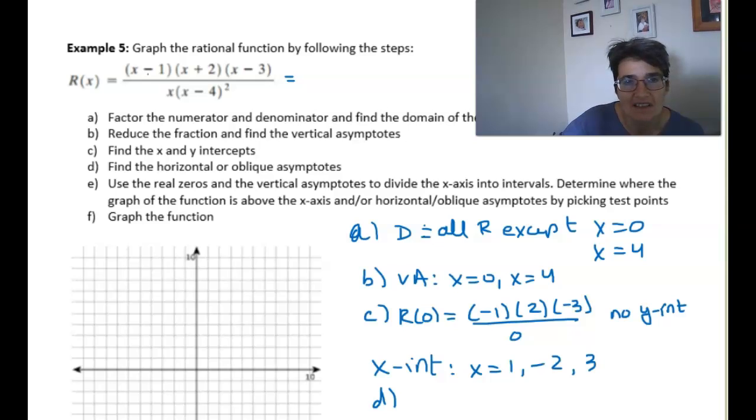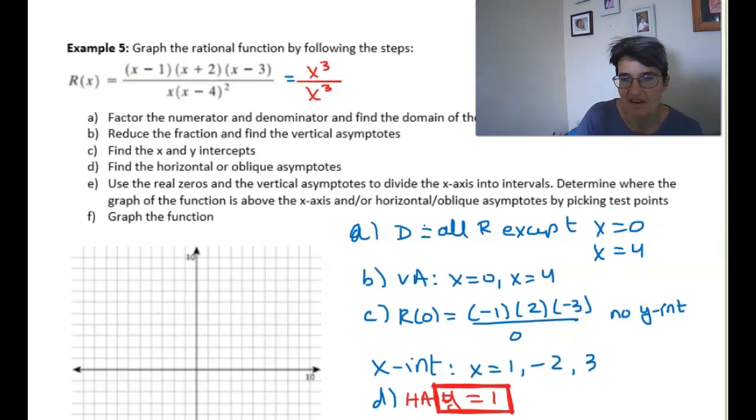If I cross these out, I'm going to get x cubed. If I cross this out, it's going to give me x over x squared, which is x cubed. The powers are the same. That means we have a horizontal asymptote at the coefficient of this divided by the coefficient of that. So it's going to be at y equals 1. Alright?